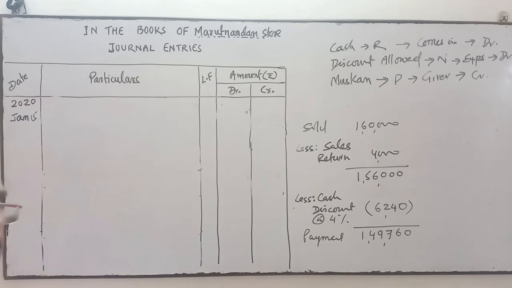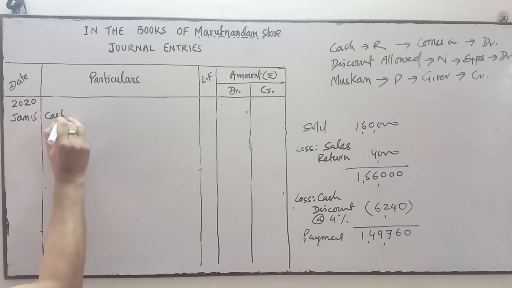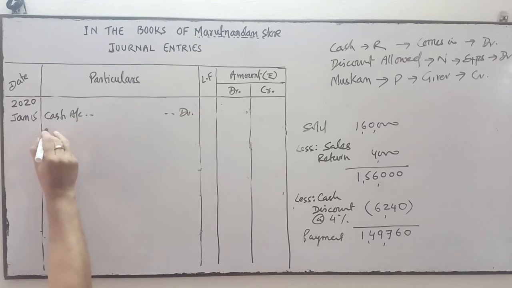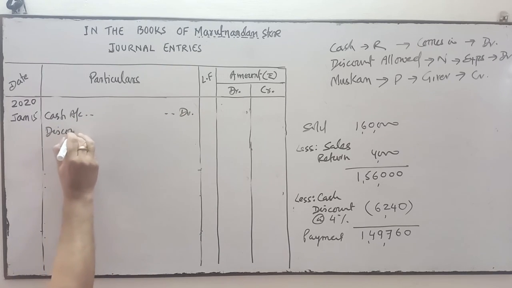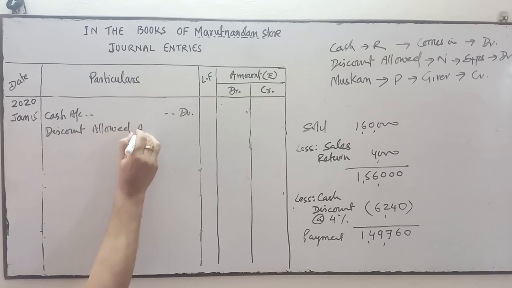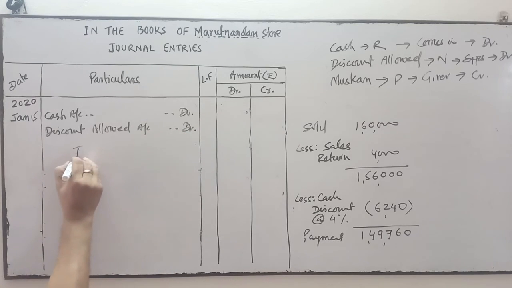So the entry will be cash account debit, discount allowed account debit, it's an expense, and Muskan account will be credited.